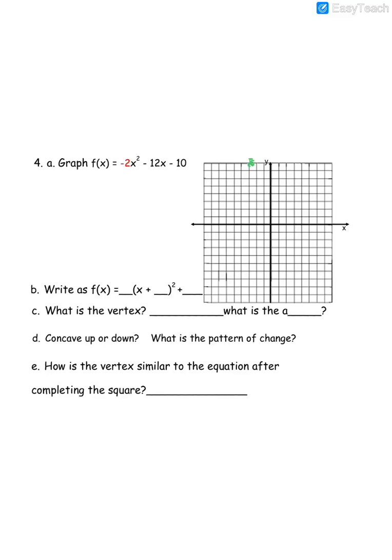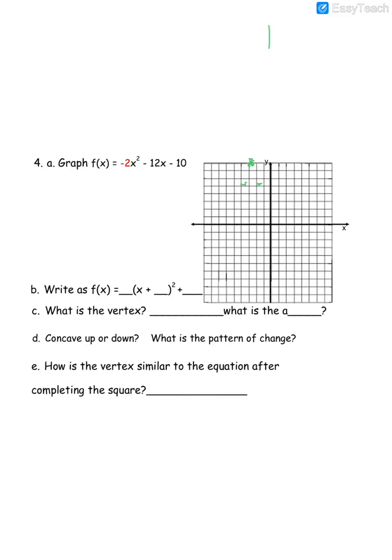If the lead coefficient is negative 2, it's going to go down by 2, and then down by 6.